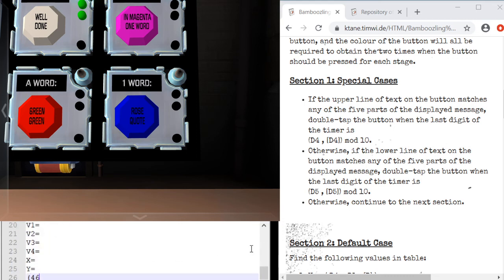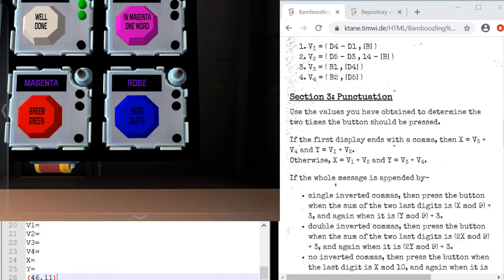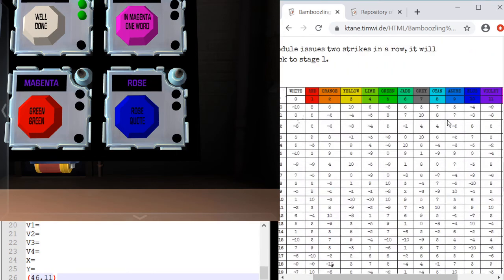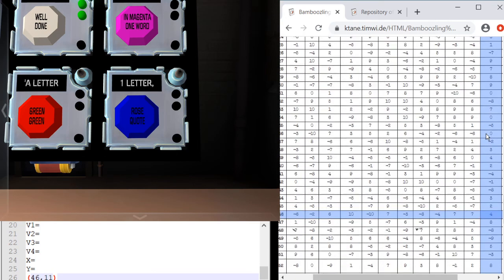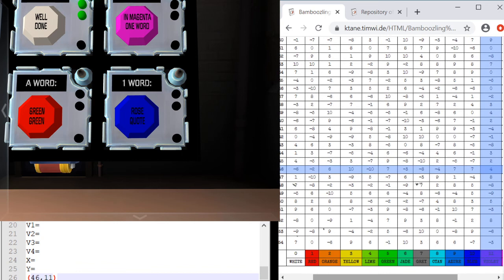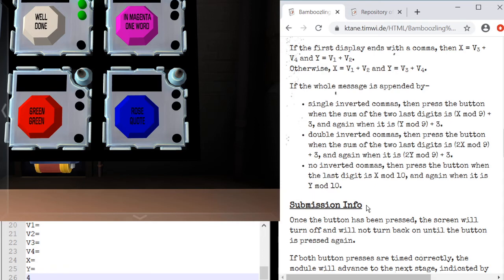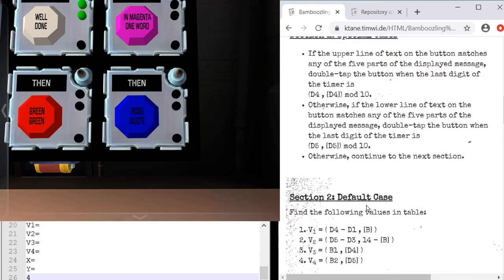Sorry, 46, comma, D4 in brackets, which is 11. So now we go to this graph, and 46, 11 is 4. So we will double tap the button when the last digit of the timer is 4.